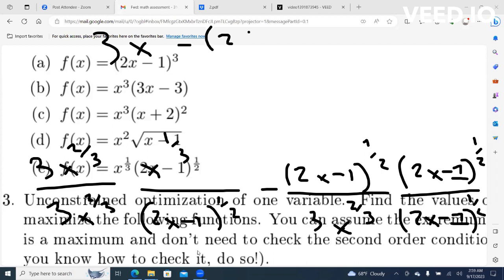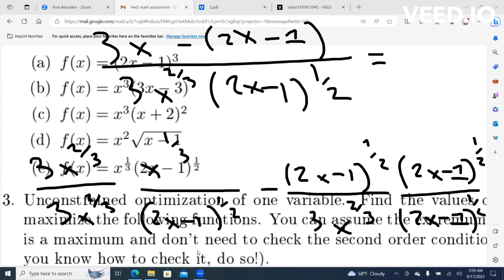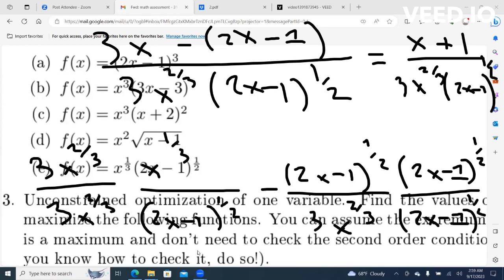Minus, that is 2x minus 1, because you have 2 of them, to the 1/2, divided by 3x to the 2/3 times 2x minus 1 to the 1/2. So then we're done with that. And the top of the fraction is going to be x plus 1 divided by all that: 3x to the 2/3 times 2x minus 1, getting very messy here, to the 1/2.